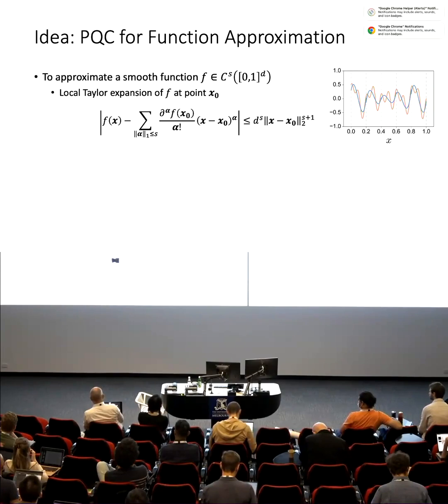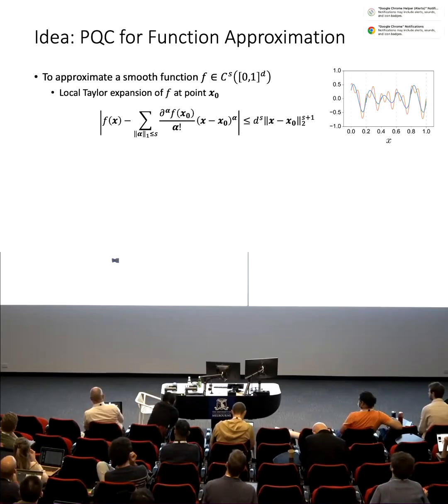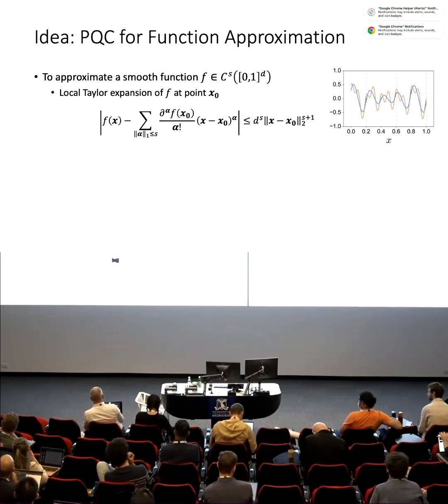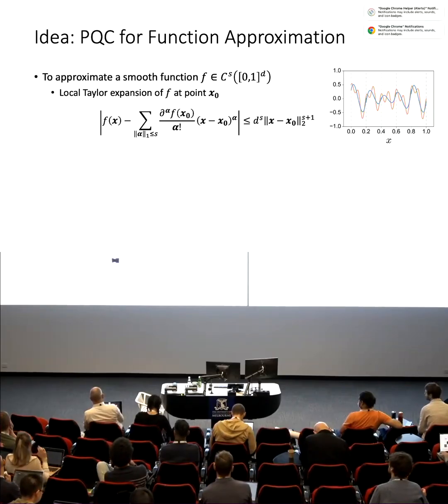For each local region, we have a Taylor expansion of f(x) at some fixed point in that region, and for different local regions, we have different Taylor expansions for that function. Then we are able to have a good approximation on the entire region. So that's the basic idea.